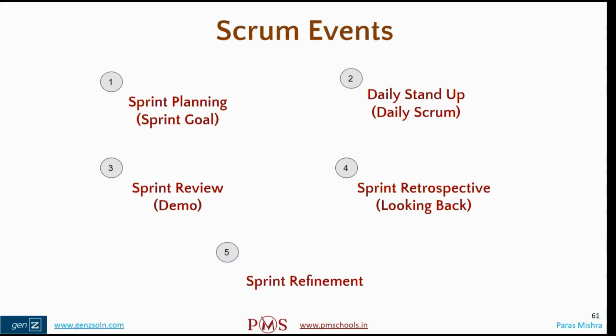What did we not do well in the last 2 weeks? And how can we improve in the next 2 weeks? That's what we do. And then the sprint refinement, we talk about that as well. Any question on any of these Scrum events if you do not understand these things? Any doubt?